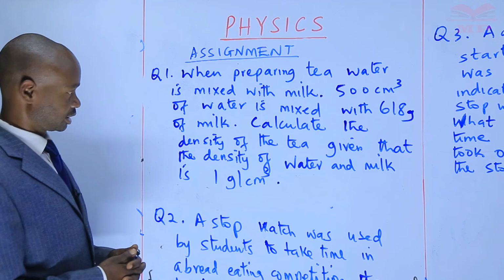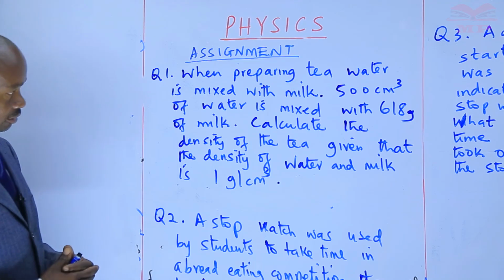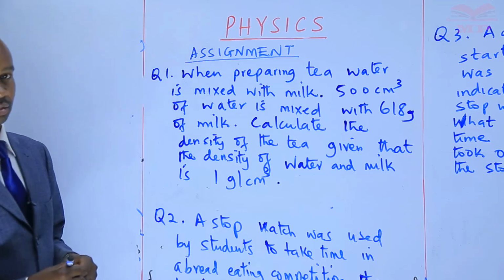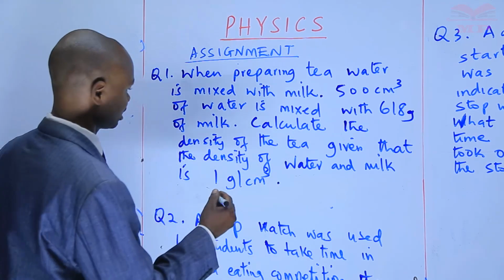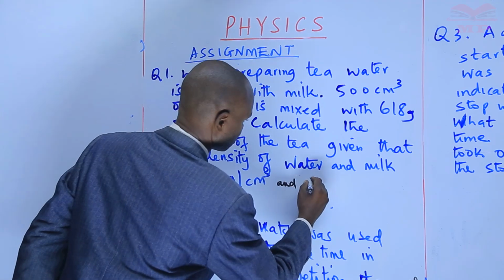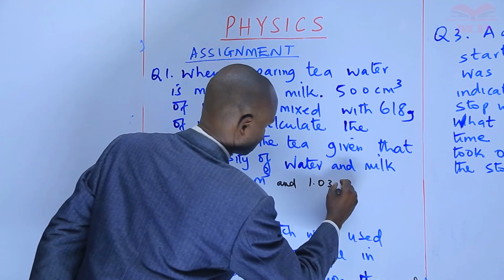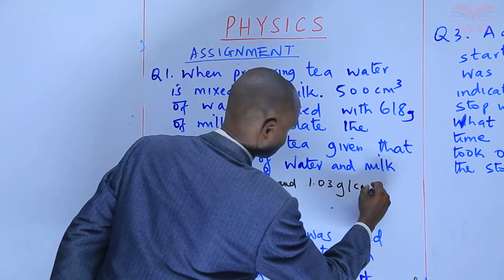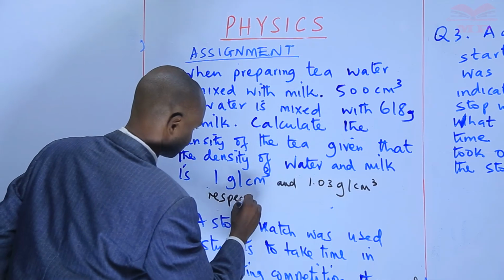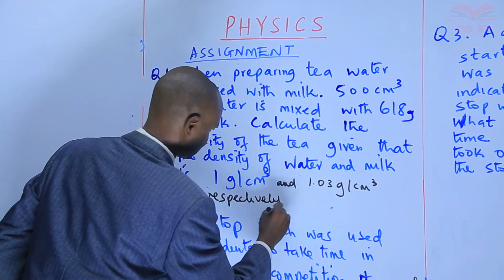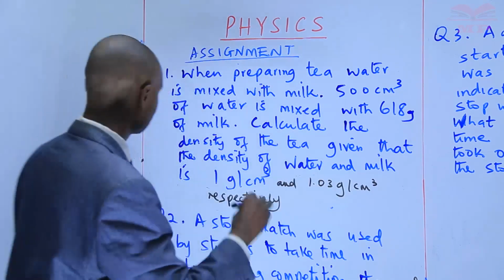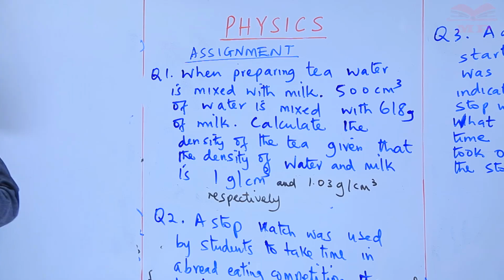Calculate the density of the tea given that the density of water and milk is 1 gram per centimeter cubed and 1.03 grams per centimeter cubed respectively. Respectively means in that order. So we shall go to this question 1 solution.